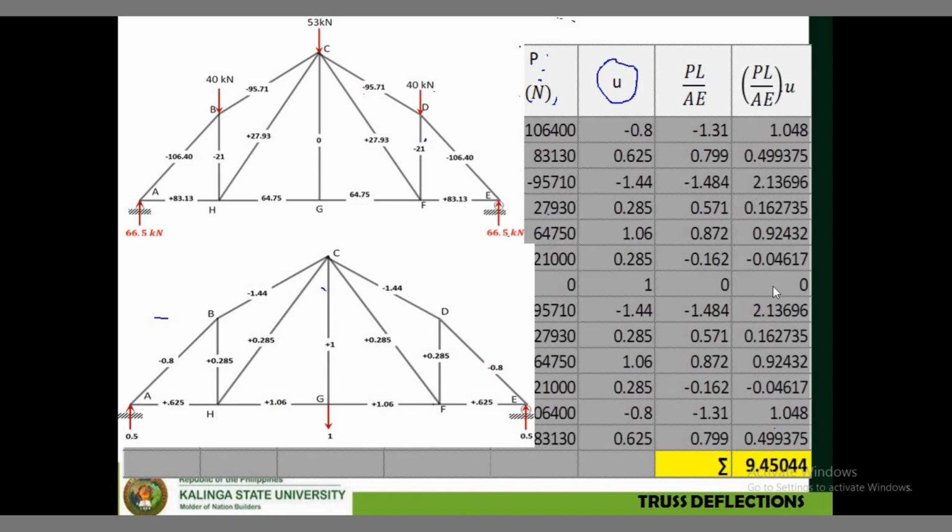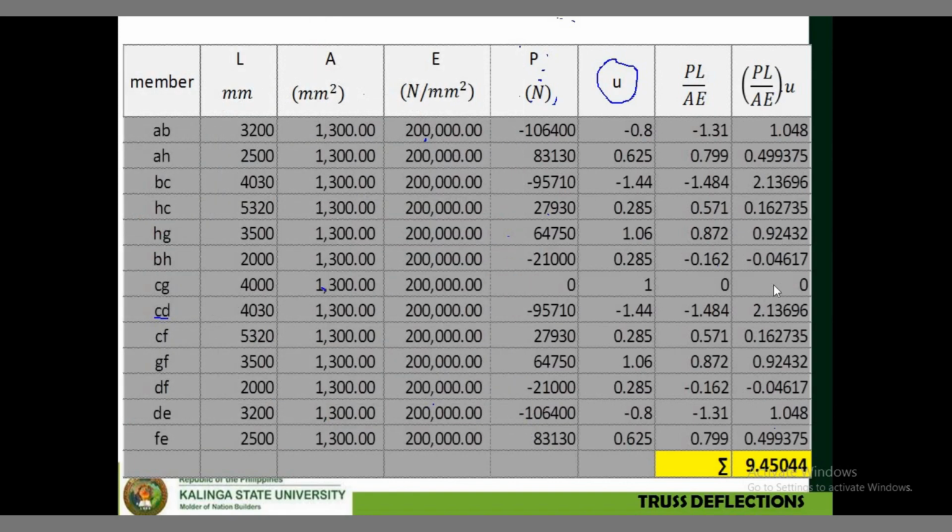So after na nailagay na natin yung mga values, we can now use the equation PL over AE. So P sa column na to, PL over AE, P that is negative 106,400 multiplied by 3,200, divide it by 1,300 times 200,000.